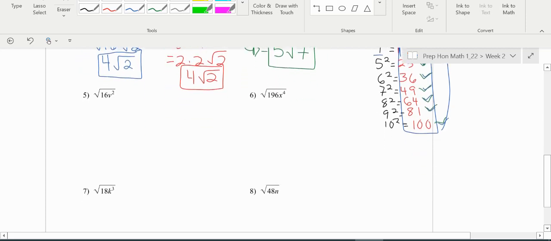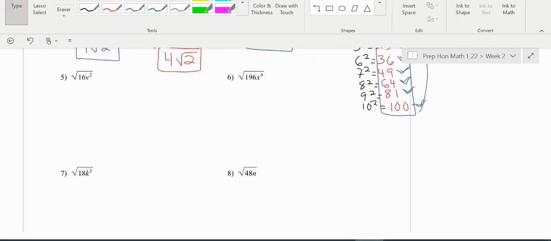For 5 and 6 and 7 and 8, it's basically the same type of problem. We just have variables involved. So if I have a variable, let's say the square root of x to the second, that's the same as x times x.